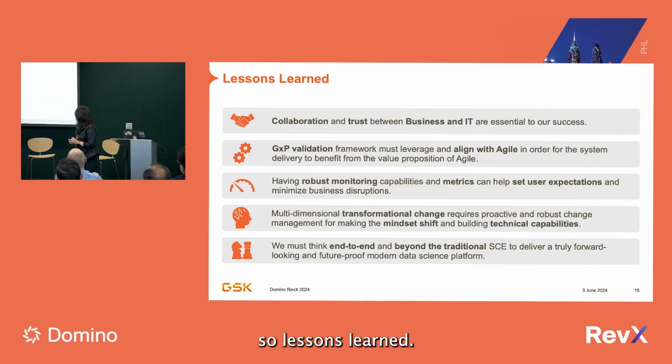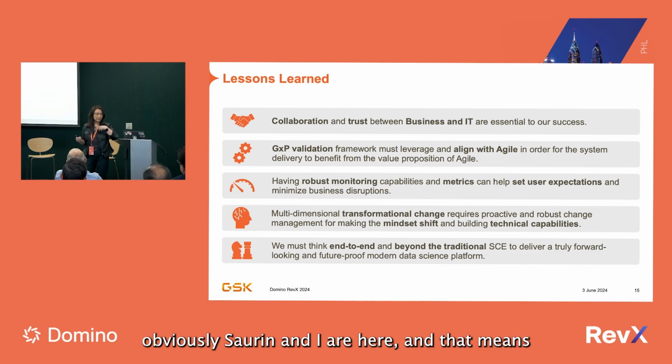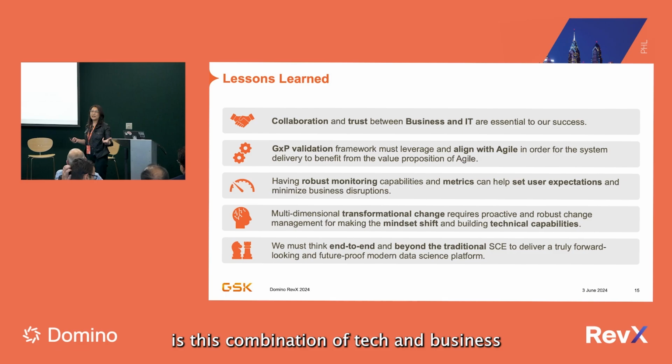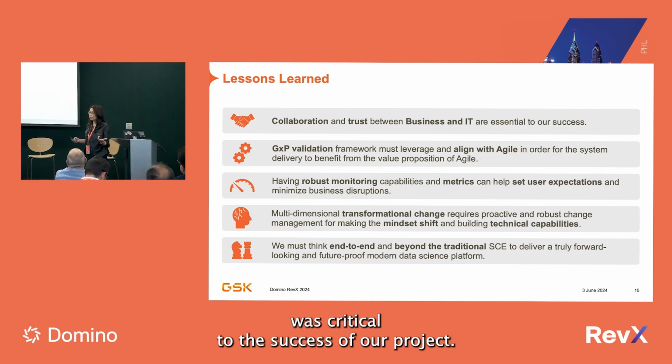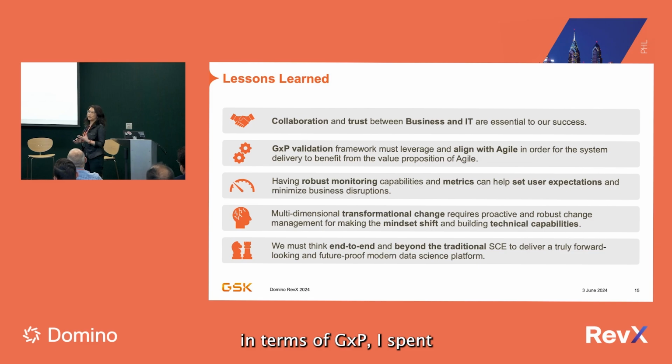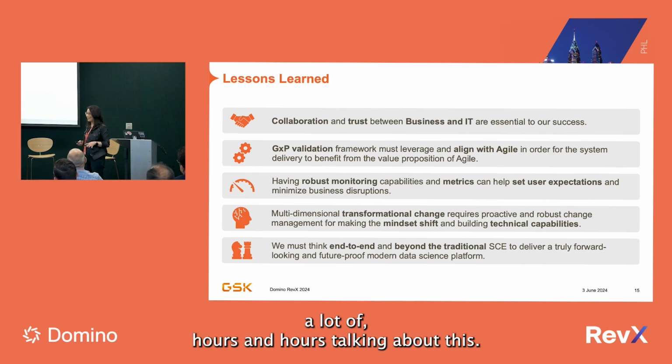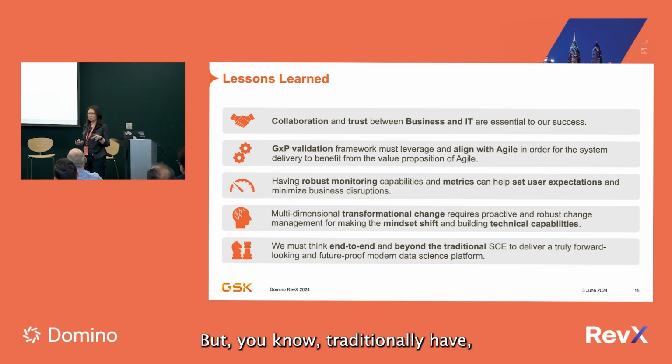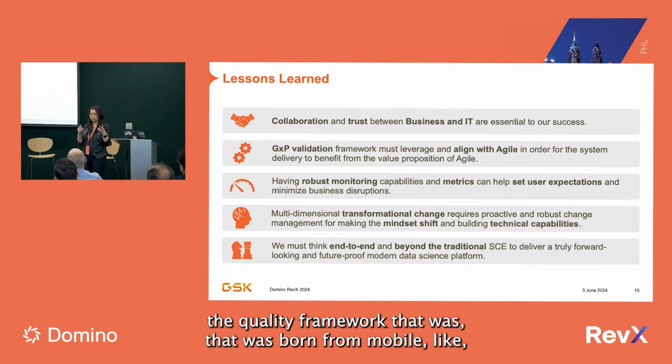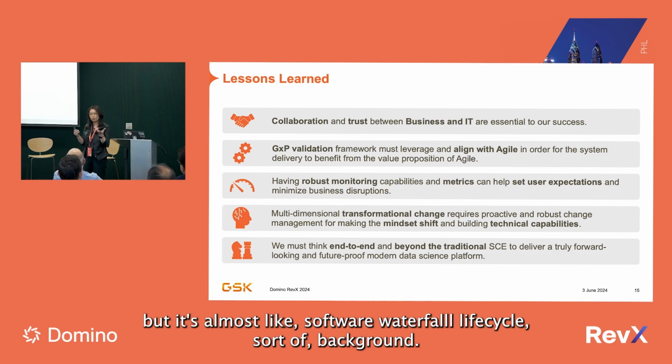So lessons learned, just a quick recap. Obviously, this combination of tech and business was critical to the success of our project. In terms of GxP, I've probably spent hours and hours talking about this. Traditionally we had a quality framework from the waterfall software life cycle.